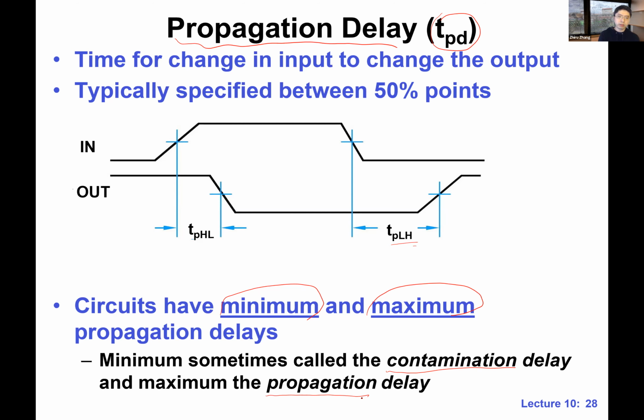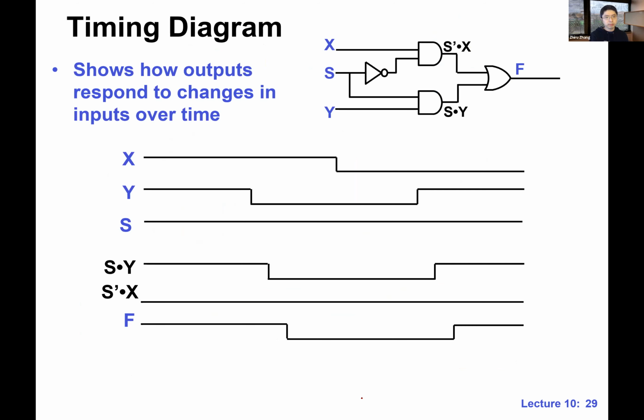Also, even for a single gate, depending on the actual temperature of the circuit, the delay may vary a bit. So there's usually a band, and in the spec we have both a minimum delay and a maximum delay. Again, this is not too important right now for this lecture. In this lecture, we just assume a single delay number, which is just the propagation delay.